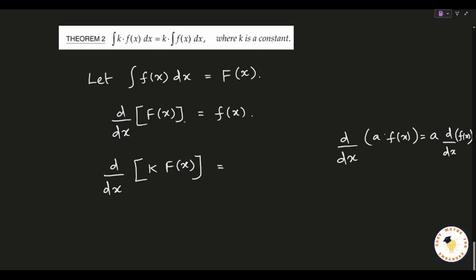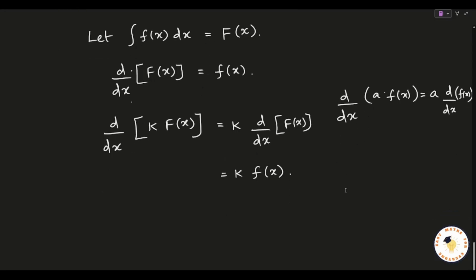So by applying the same rule here, we will be able to write this as k times d by dx of capital F of x. So this we can write as d by dx of capital F of x is small f of x. So we can write k times small f of x.